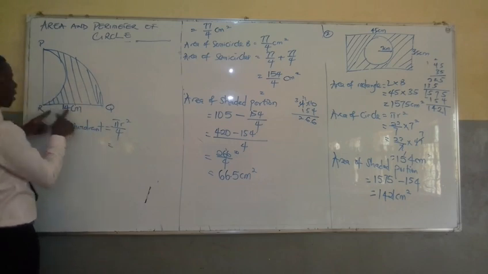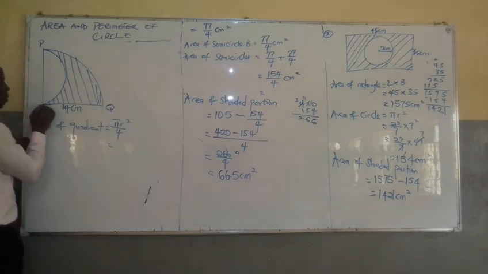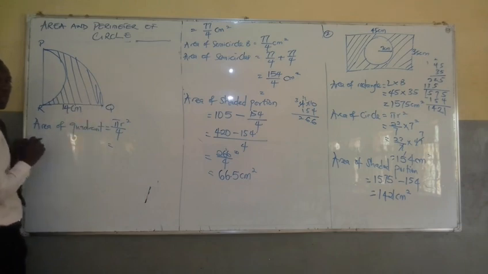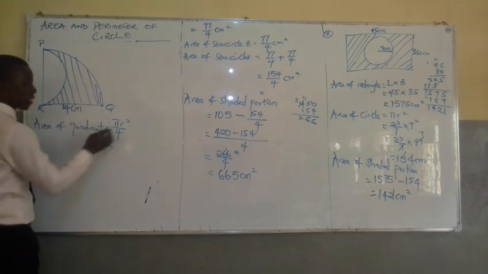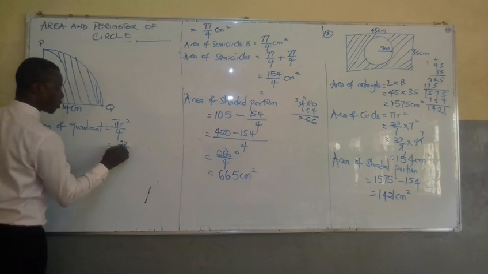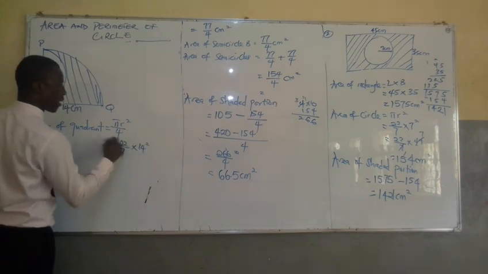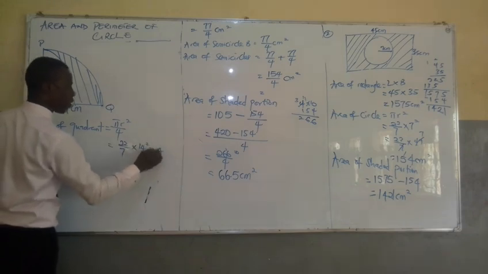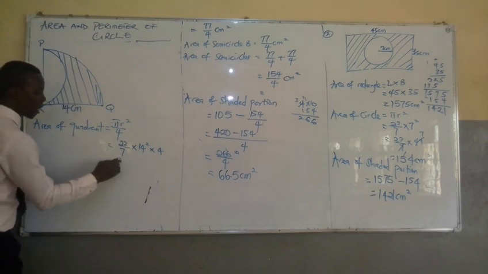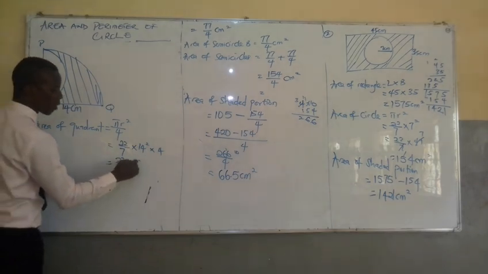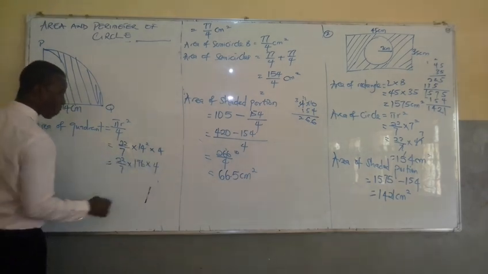And of course, remember the quadrant from this point to this point is the radius. So that is 14 centimeters. So I have 22 over 7 times 14 squared times 1 over 4.